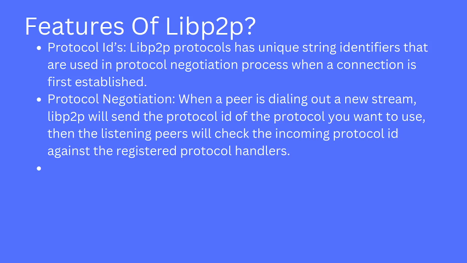Maybe it could be TCP. Then the peer you are trying to connect to will check the incoming protocol ID against other registered protocol handlers. So that's how it works.